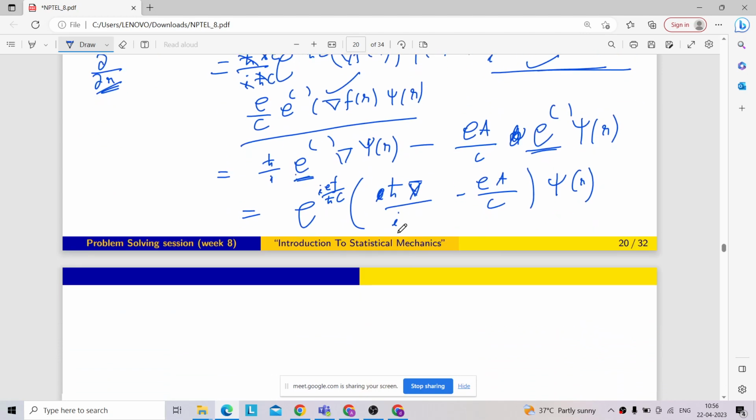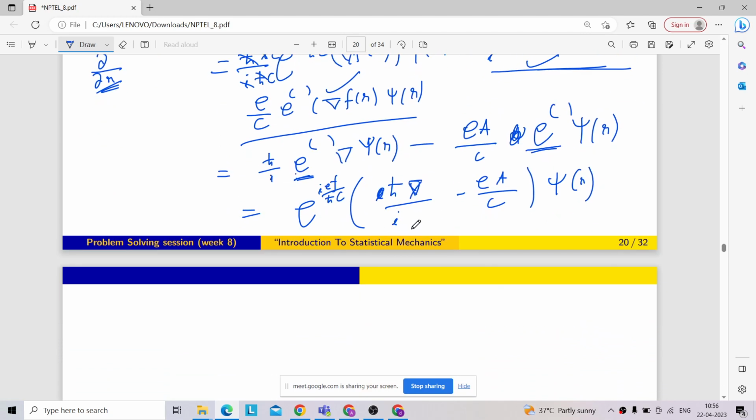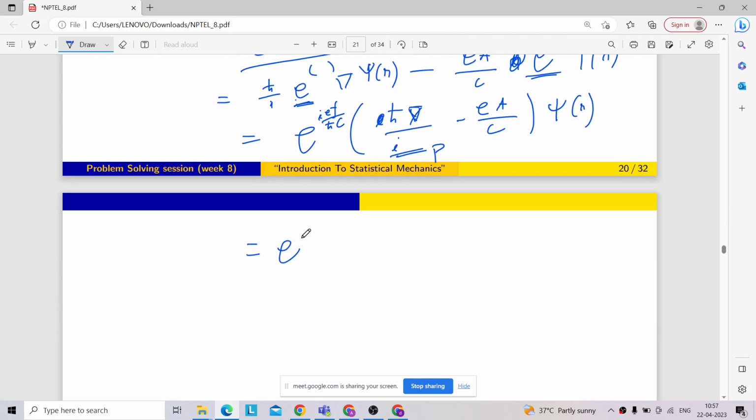So you will see this is nothing but the operator P. So this is e to the power i e f of r over h cross c, times P minus e A over c, acting on psi of r.